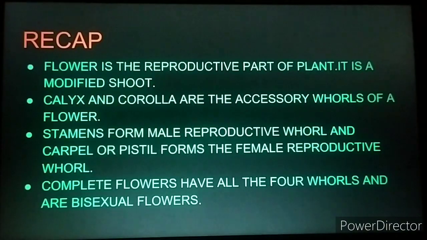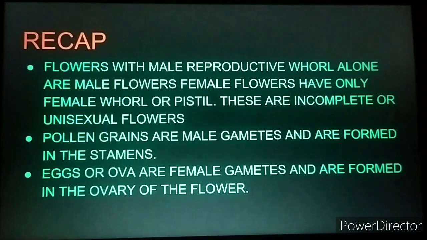Complete flowers have all the four whorls and are called bisexual flowers. Then we have discussed that flowers with the male reproductive whorl alone are called staminate flowers, and those with the female whorl only are called pistillate flowers. So we consider such types of flowers as incomplete or unisexual flowers.